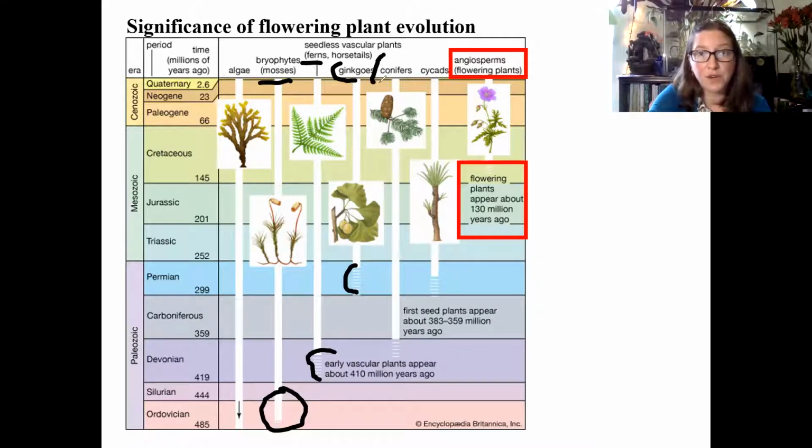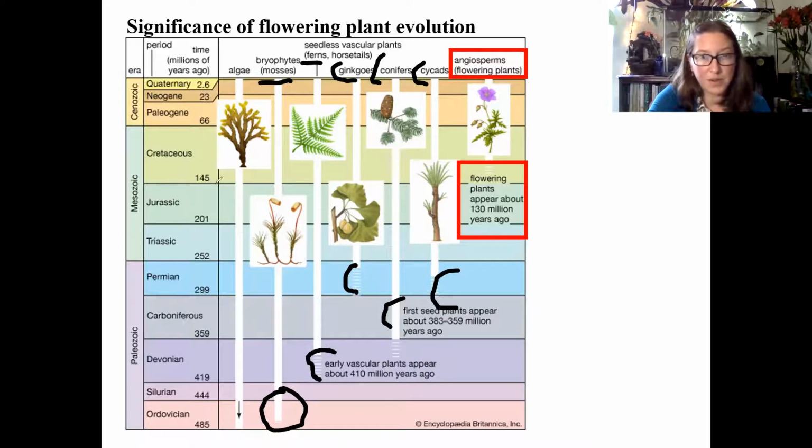Conifers, it's hard to say, but let's say similar to the ginkgo, around the same time. Cycads, a little bit later.